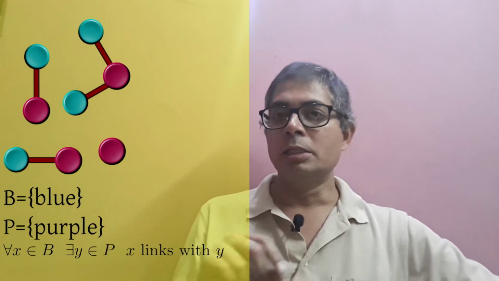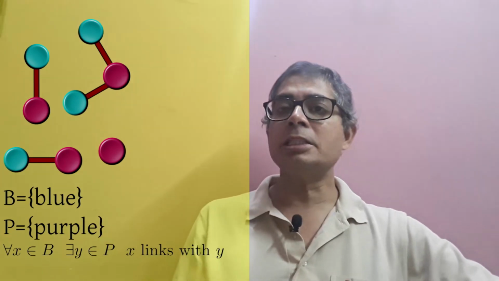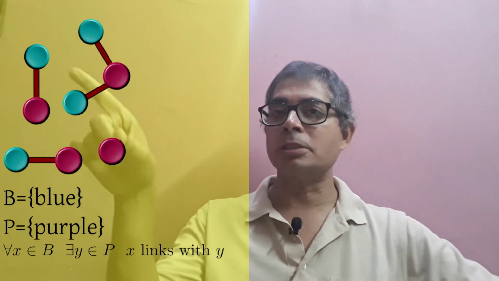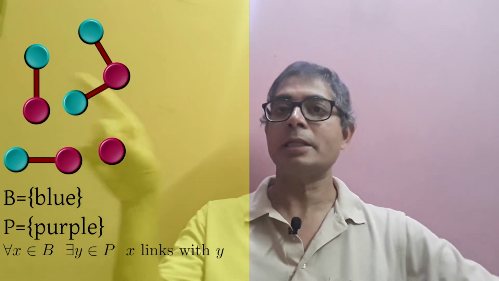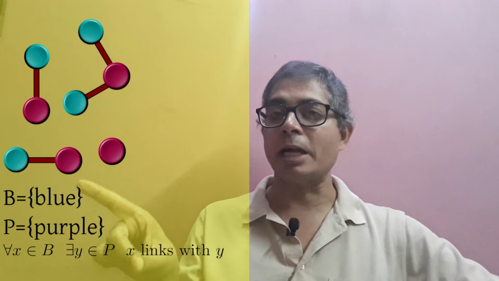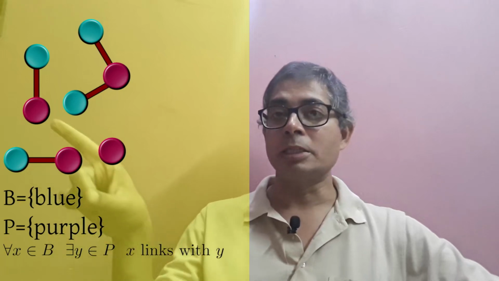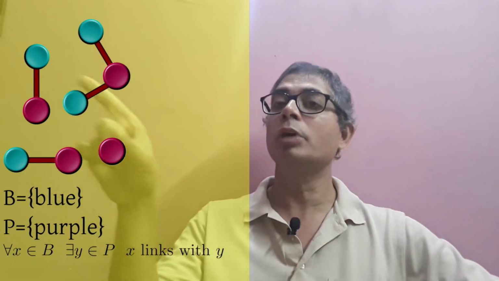Note that this y in there exists may depend on the x in for all. For instance, this purple disk serves the purpose of this blue, whereas this purple disk serves the purpose of this blue. The same purple disk did not work for both of them. It depends on which blue you are talking about.